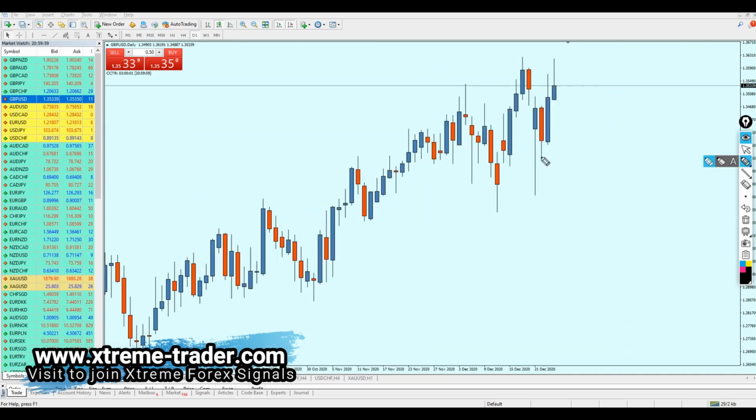What we are looking for is, for example, a support level, even with many attempts, 2 or 3 or 4 attempts.